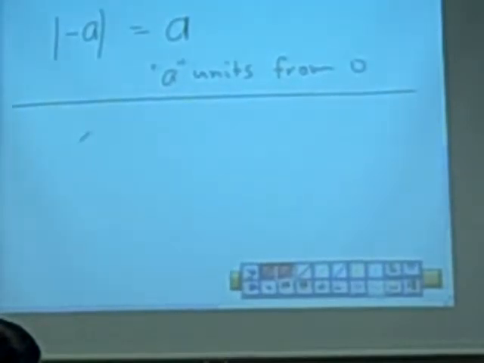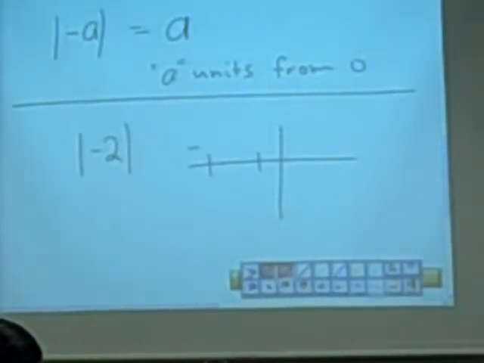So let's put some numbers to that. Let's say that we want to look at the absolute value of a negative 2. Well, here's negative 2, here's 0. How many units is negative 2 from 0? 2 units, right.